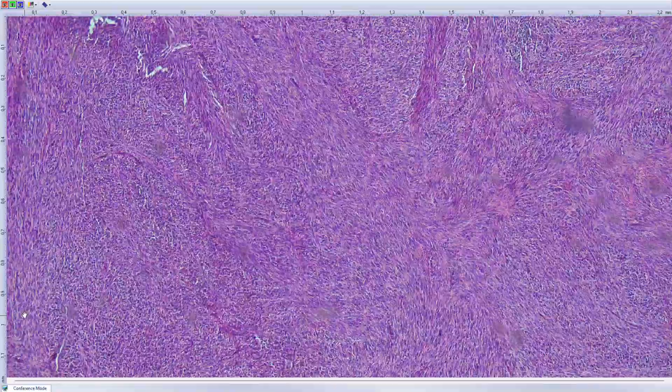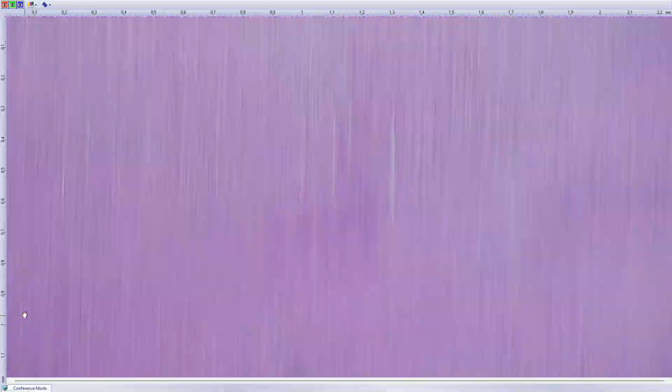If we go throughout the lesion, it is more or less the same everywhere. So there are fascicles of quite bland spindle cells. It is a pure tumor. There are no sex cord elements or other elements.